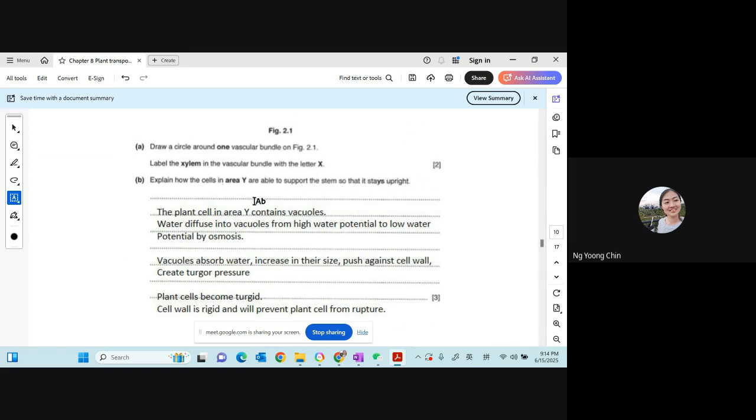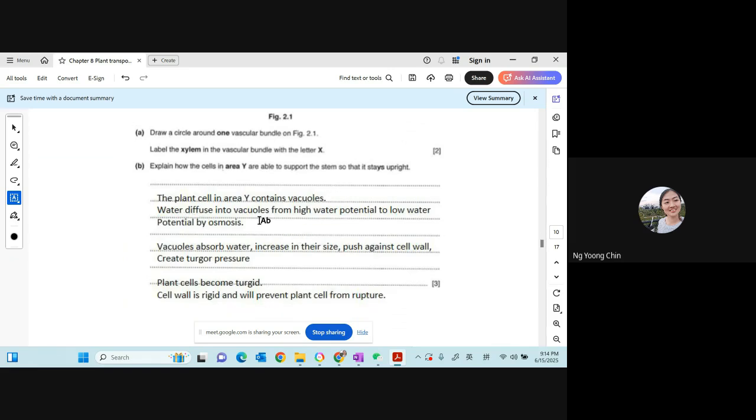Because area Y contains plant cells, which contain vacuoles. So the water always moves into the vacuole from high to low water potential by osmosis. So the vacuole helps to absorb the water. So it will increase in size and push against the cell wall, creating turgor pressure. So this is how a plant cell is able to become turgid.